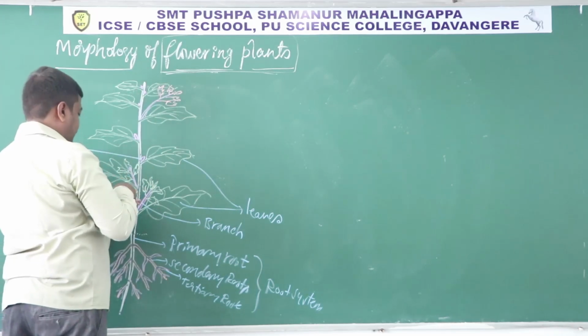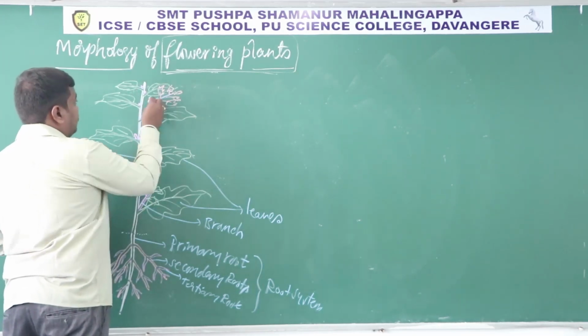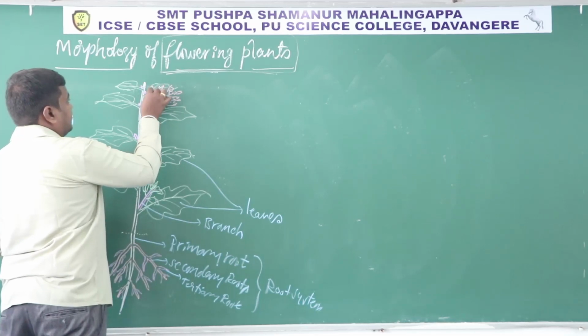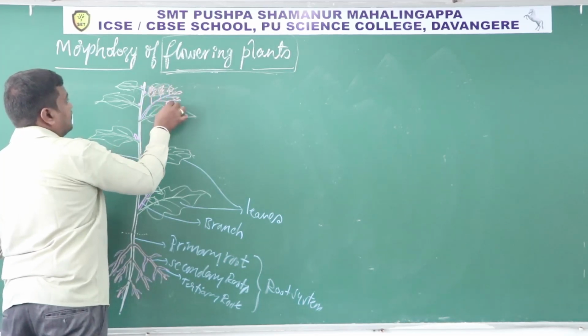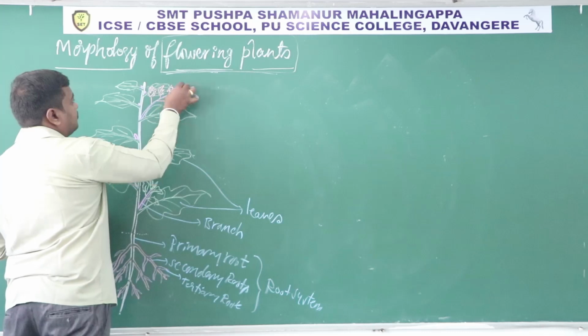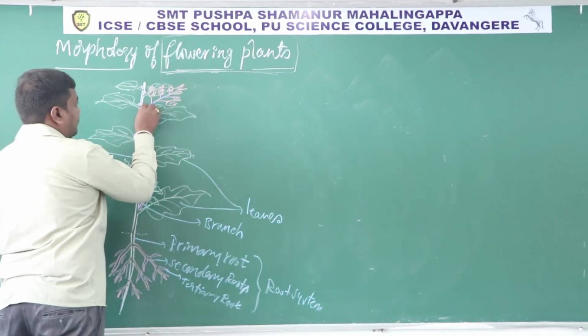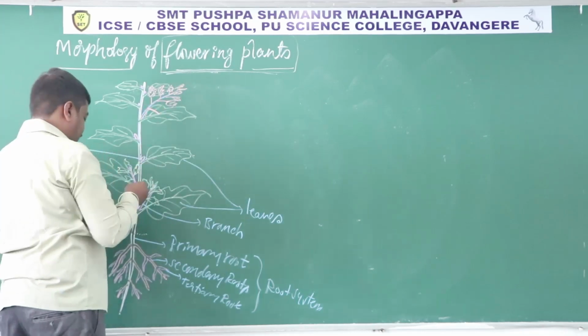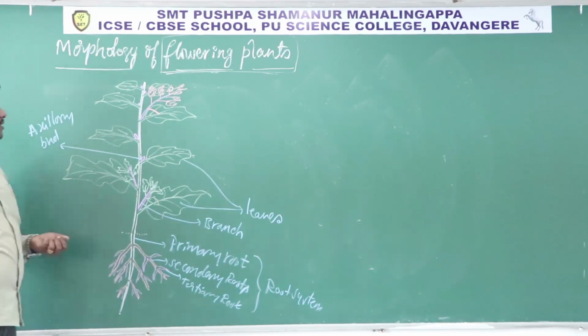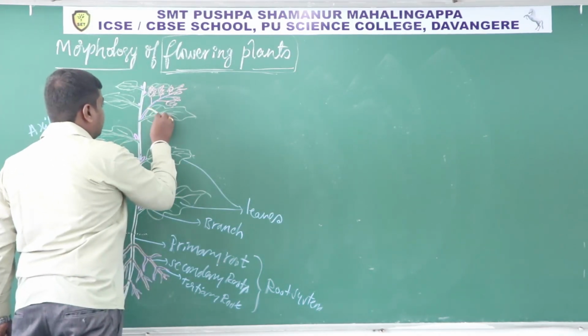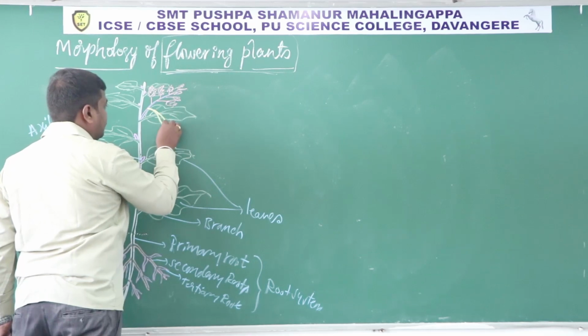Okay, and the older one, these are the flowers actually. These are the flowers, and these are the buds. Okay, and the older one could develop into a fruit.